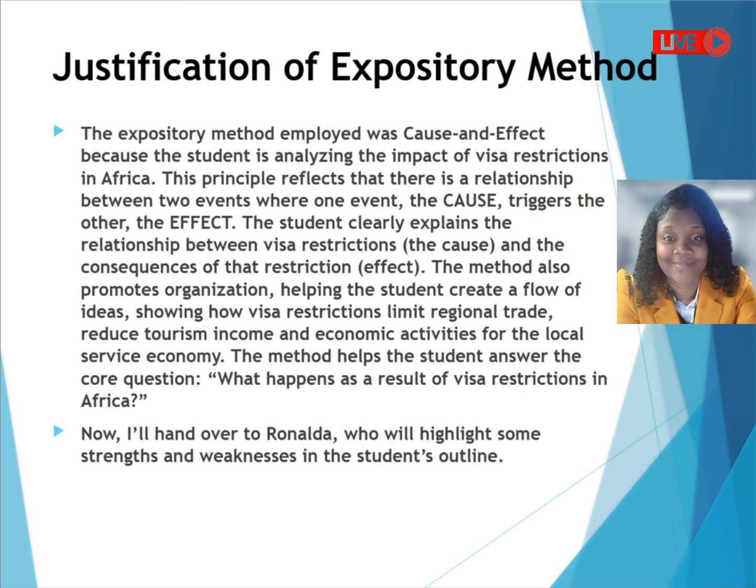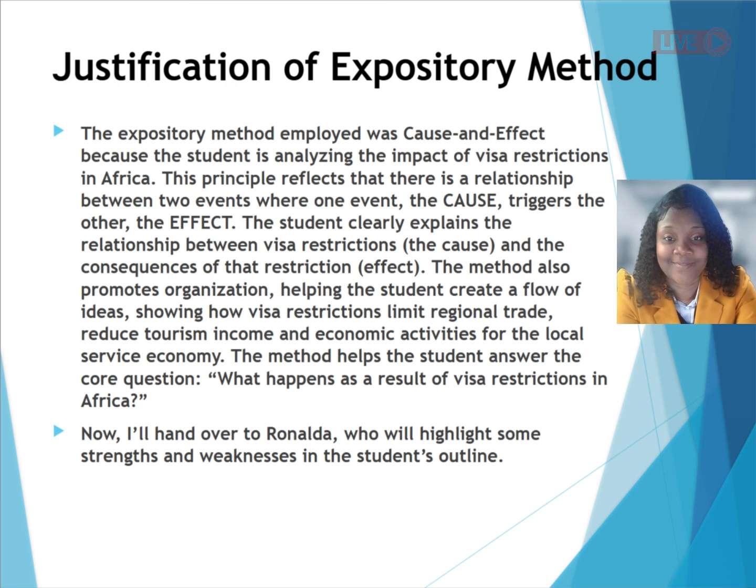The expository method employed was cause and effect because the student is analyzing the impact of visa restrictions in Africa. This principle reflects that there is a relationship between two events where one event, the cause, triggers the other, the effect. The student clearly explains the relationship between visa restrictions, the cause, and the consequences of that restriction, the effect.